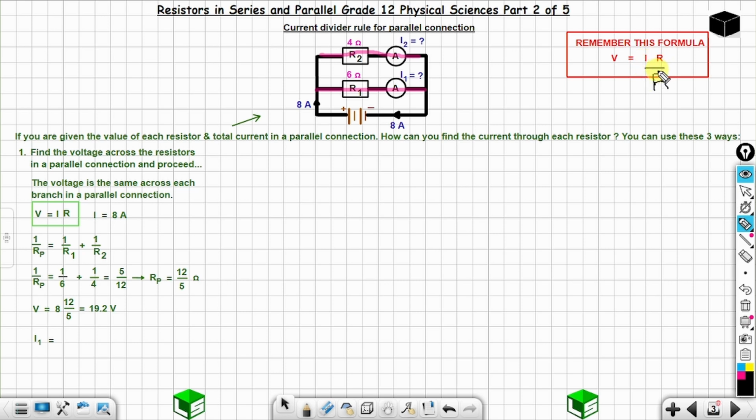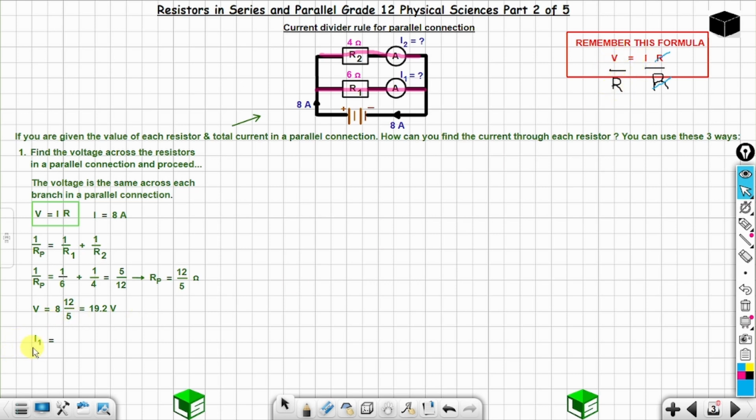What you do on the right, you also do on the left. Now you can cancel R and R. Can you see the current is equal to the voltage over the resistance?